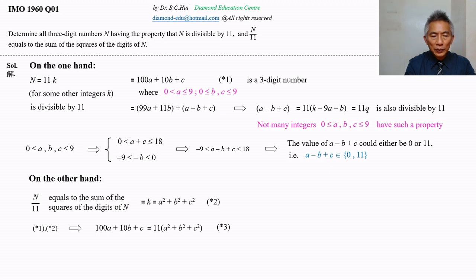We call this result equation number 3. Now, there are 2 cases we have to consider, which is a minus b plus c equals 0 or a minus b plus c equals 11. Let's analyze the 2 cases in the following pages.